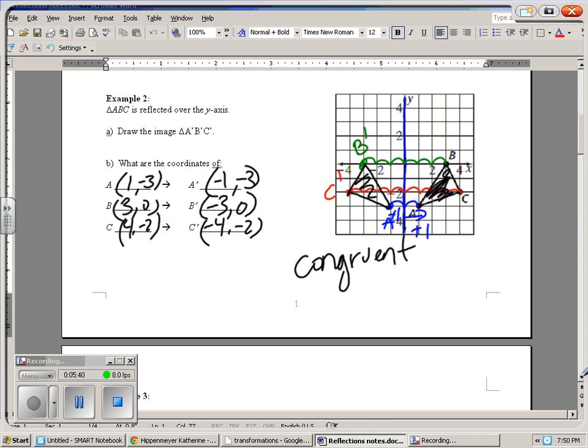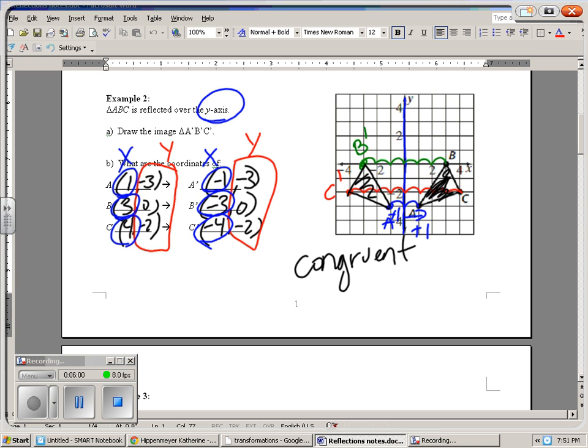You'll notice that the y values stay the same. We still have -3, 0, and -2. But what changed when you flipped it over the y-axis was the x values. So a 1 became a -1, the 3 became a -3, the 4 became a -4. So it was the opposite of what it was originally.